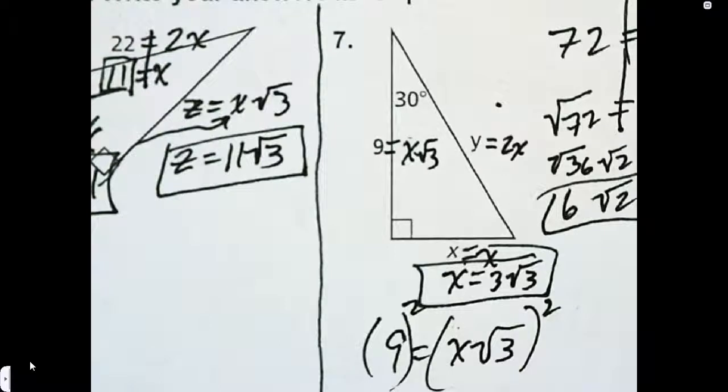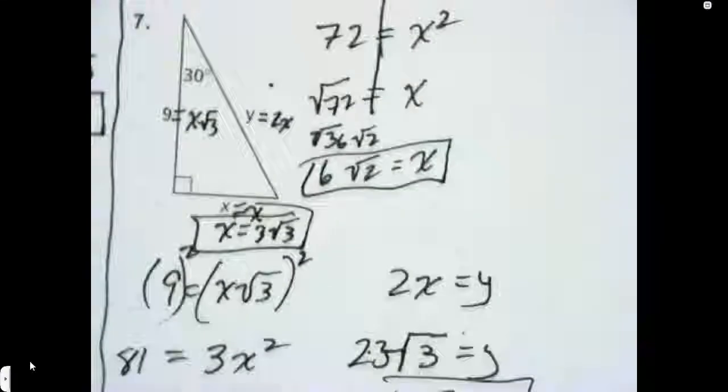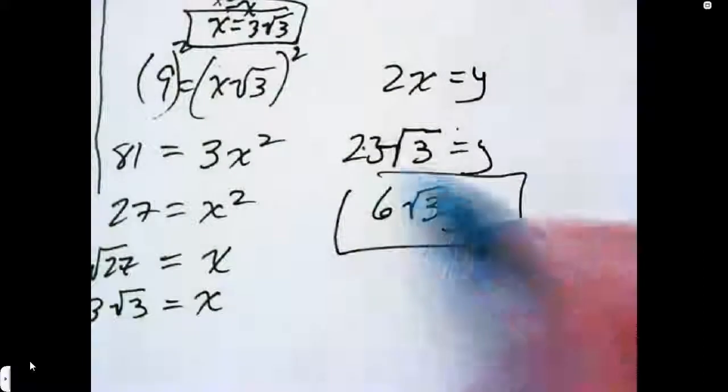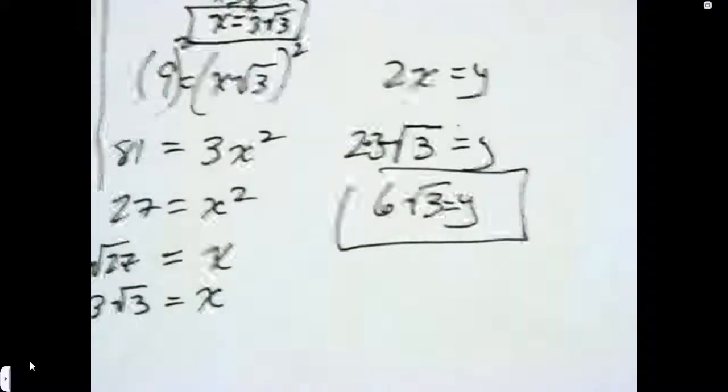You multiply x by 2, so you get 3 root 3 by 2. Y equals 6 root 3. You guys didn't even see me do that. You multiply x by 2, so 2x equals y, so 2 times 3 root 3. There we got it. Okay, any questions on it?